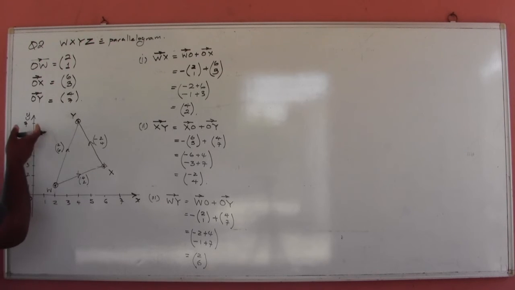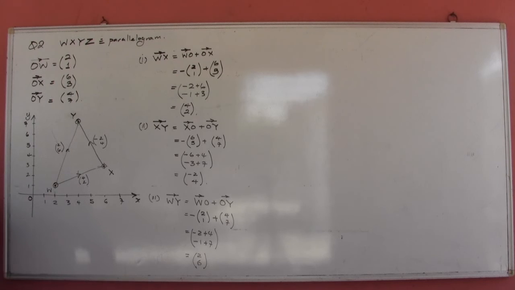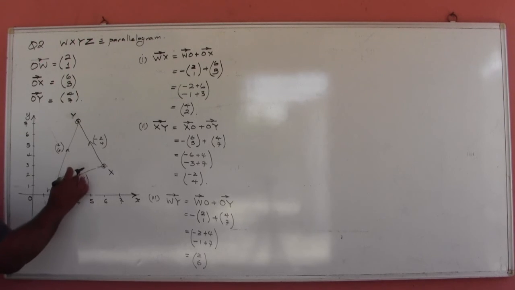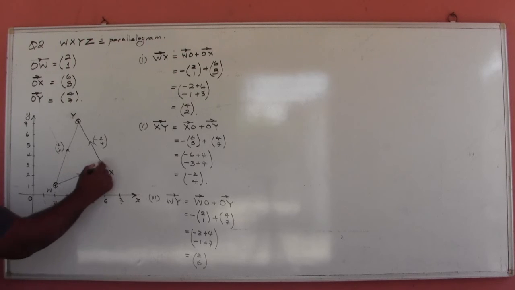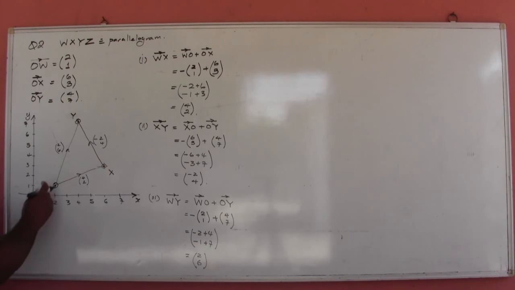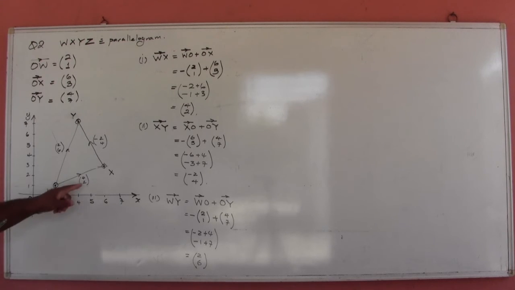If it's a parallelogram, opposite sides of a parallelogram are equal and parallel. So if WX is (4, 2), it means that ZY must also be (4, 2), because opposite sides of a parallelogram are equal and parallel.